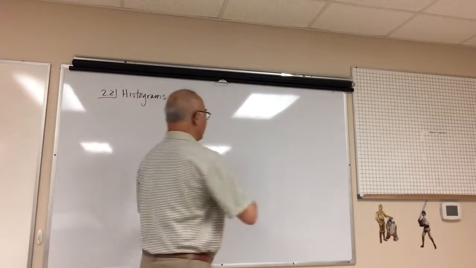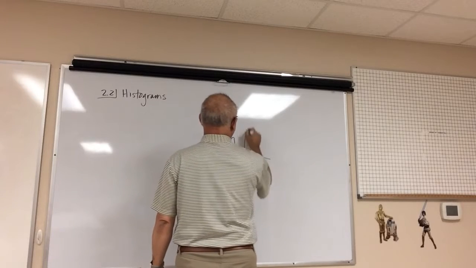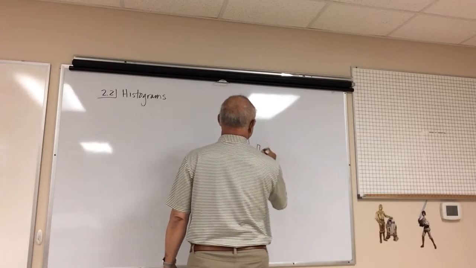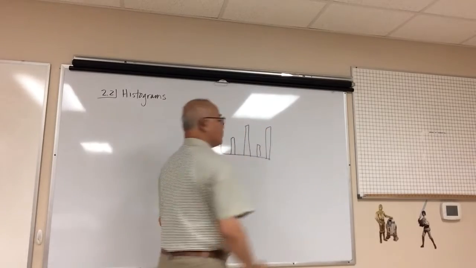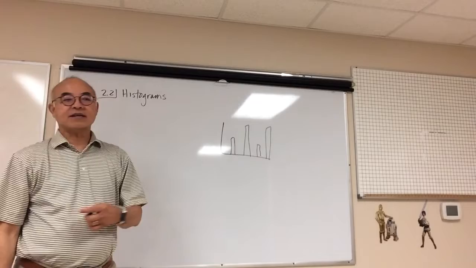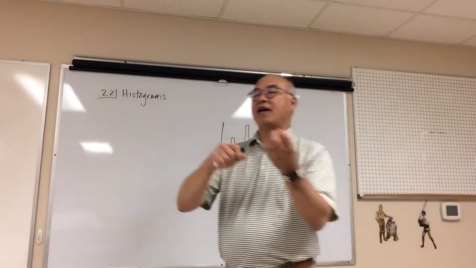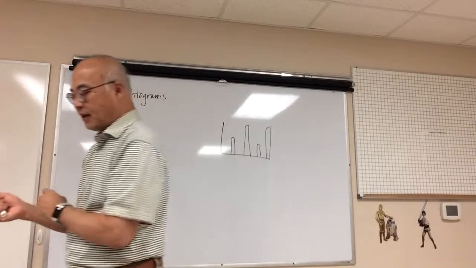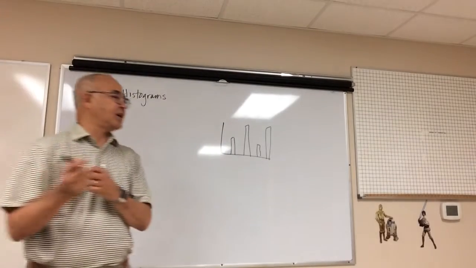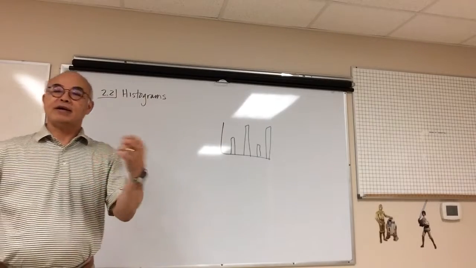That's different, right? A bar graph actually has spaces between each category. And that's how you differentiate between categorical data and quantitative data. Today we're talking about quantitative data. So we will not be talking about a bar graph, we'll be talking about a histogram.